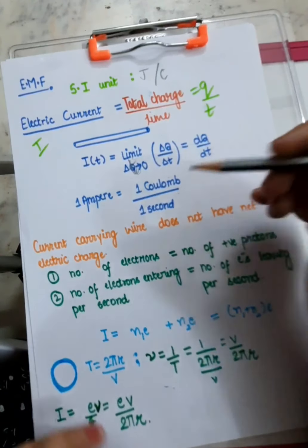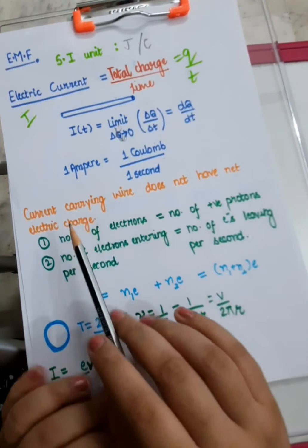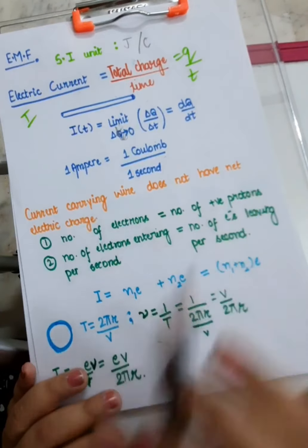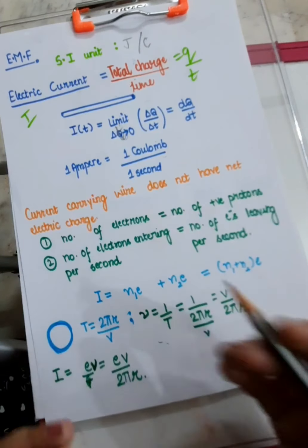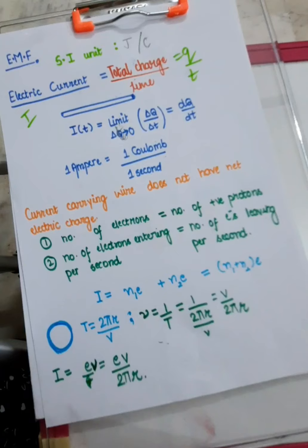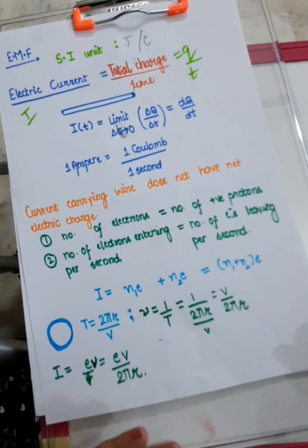And then we are going to discuss some properties, some facts related to electric current. So fact number 1: a current carrying wire does not have net electric charge. Isn't it surprising that the wire which is actually carrying the charge is said to possess no net electric charge?